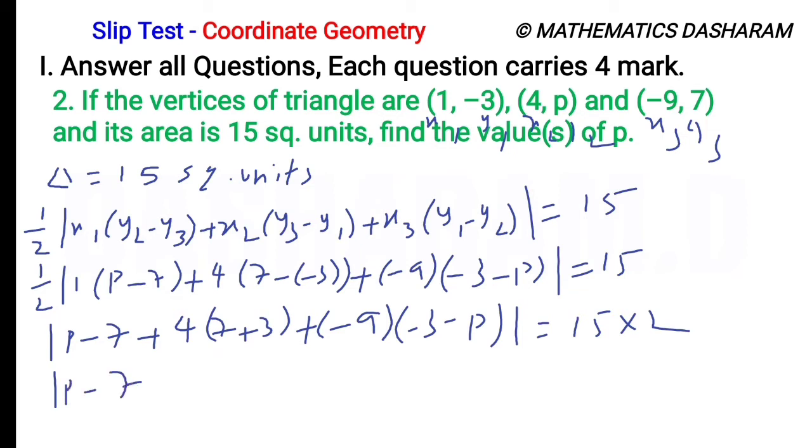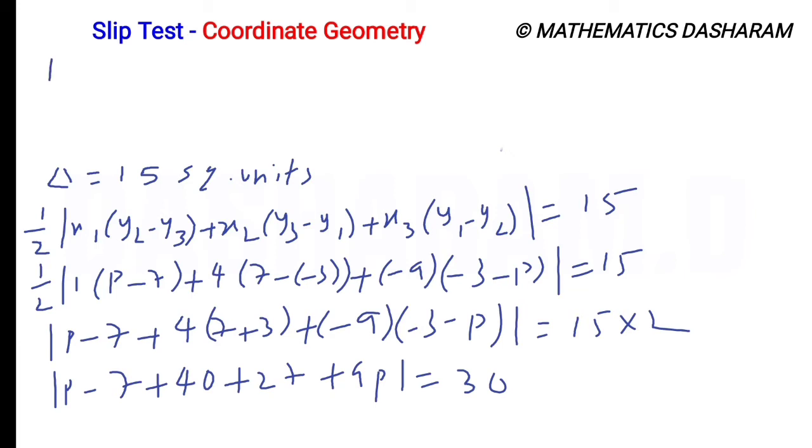So p - 7 plus 4 into 10 is 40, -9 into -3 is plus 27, -9 into -p is plus 9p, equals 15 times 2 is 30. So p plus 9p is total 10p, and -7 plus 27 is 20, plus 40 is 60, equals 30.